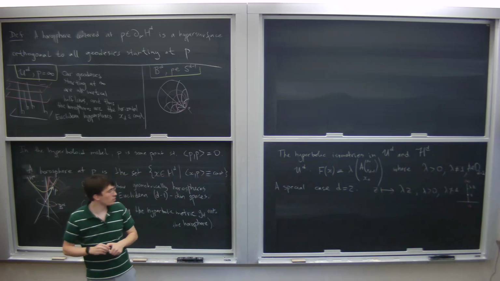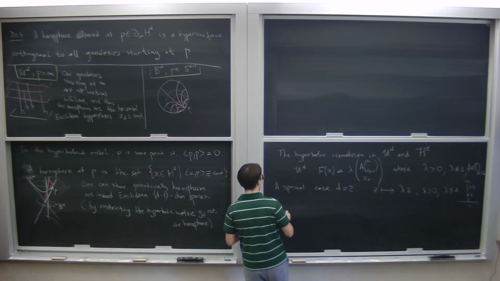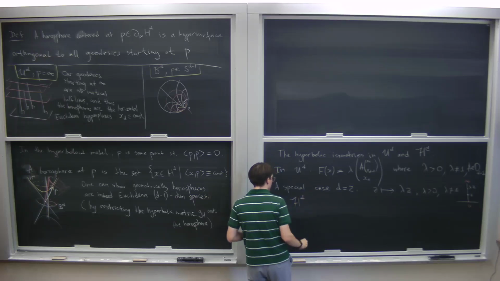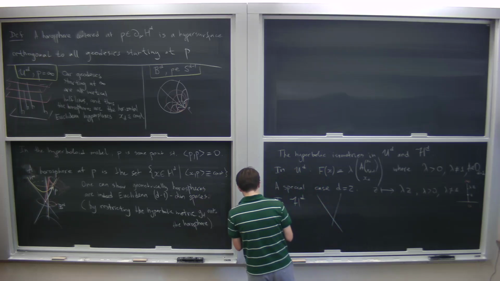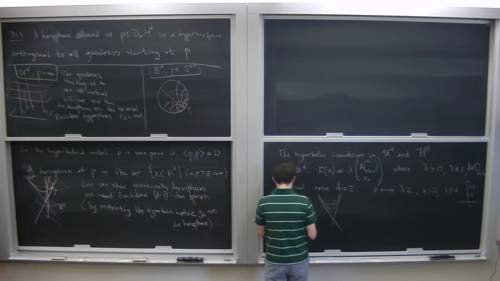Okay, now let us think about these isometries in the hyperboloid model. Then recall the following. So this was in U^d, now in H^d, this is my hyperboloid, right?